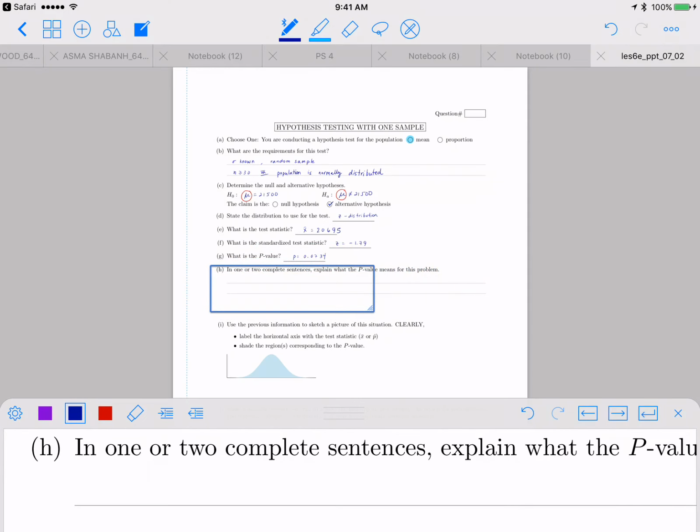So here we go. The p-value tells us the probability of obtaining a sample statistic as extreme or more extreme than the one that we obtained. So let's see here.